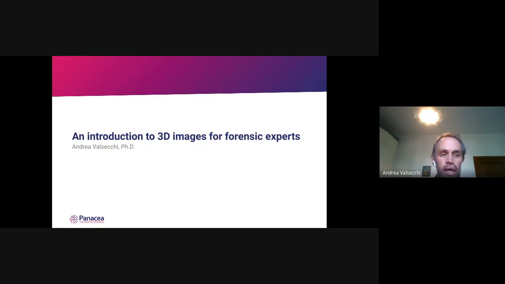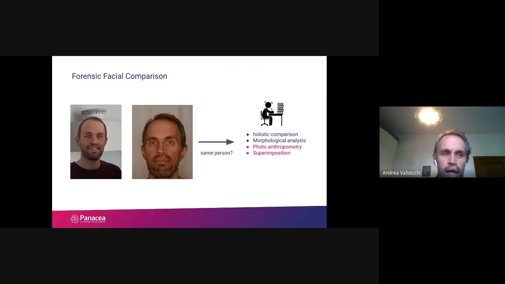We are going to talk about 3D images in the forensic context, and especially for identification purposes. I'm going to start with an example. A common technique in anthropology is facial comparison. We are given two photos, and we want to check whether the subject is the same person.